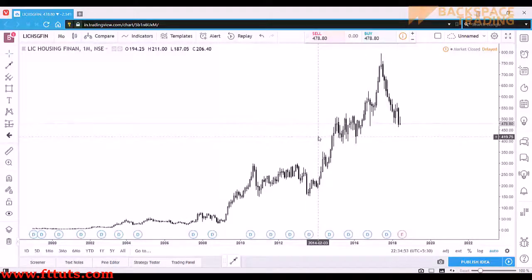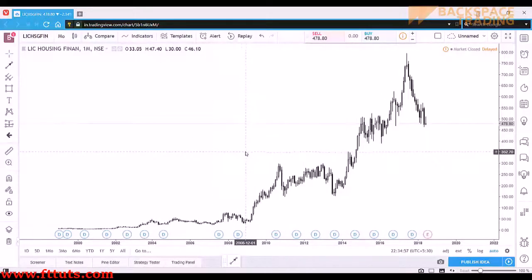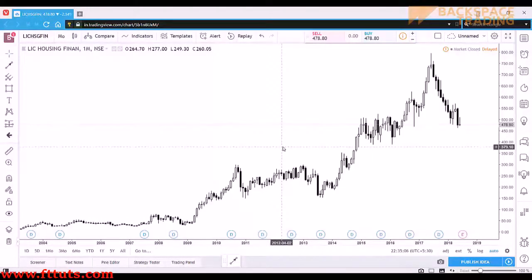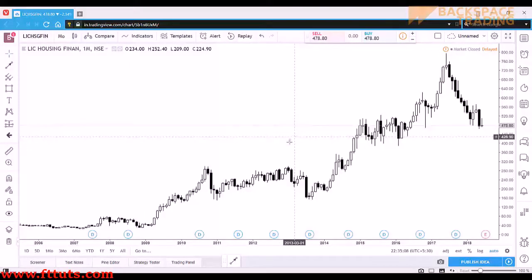Now I'm not going to mark the arrows or swing high or swing lows. It's more or less that you can simply understand. I want you to try to visualize what I'm trying to say. This point, low. This point, high. This point, higher low. This point, equal high.